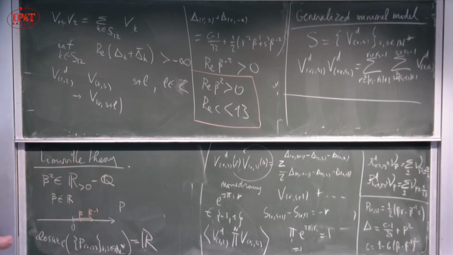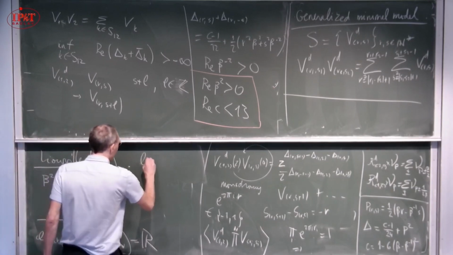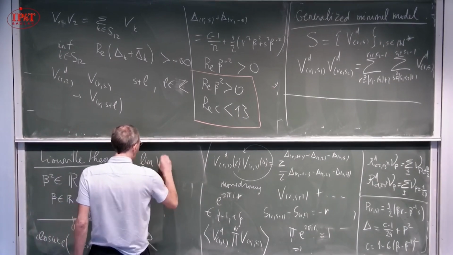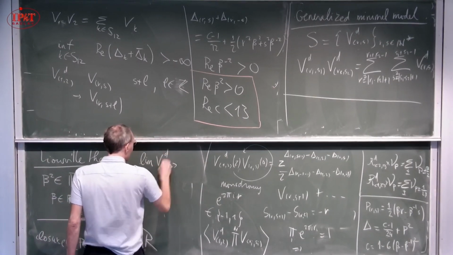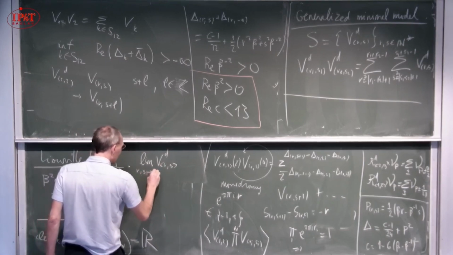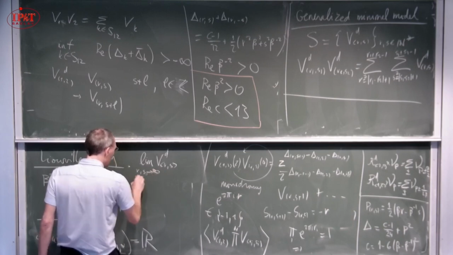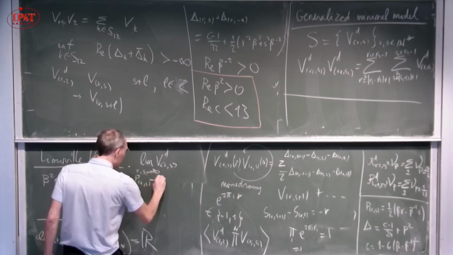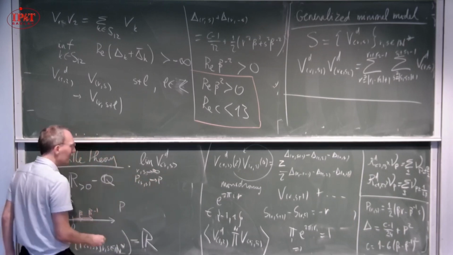So I want to use this to construct diagonal fields by taking limits of my degenerate fields and sending Rs to infinity, such that PRS go to some P, which can be any real number.